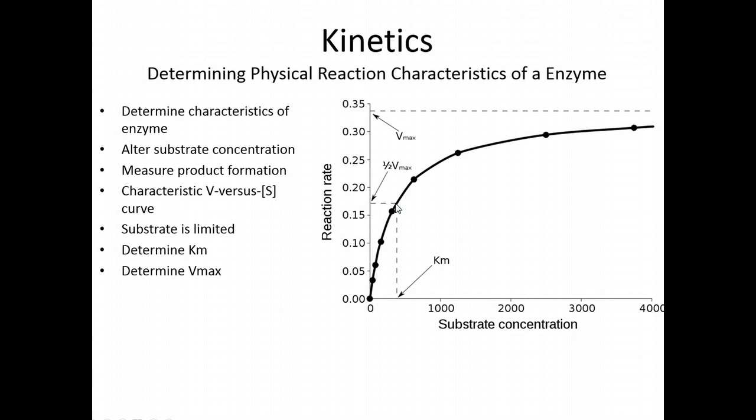So what does that mean? You add a little bit of substrate, the reaction goes up a lot at that point. You reduce the substrate, the reaction goes down a lot, really fast. So during this period right here, it's almost, not quite, but almost linear.